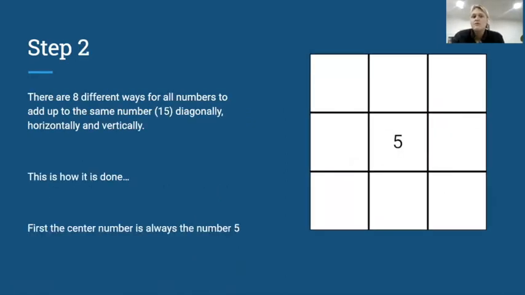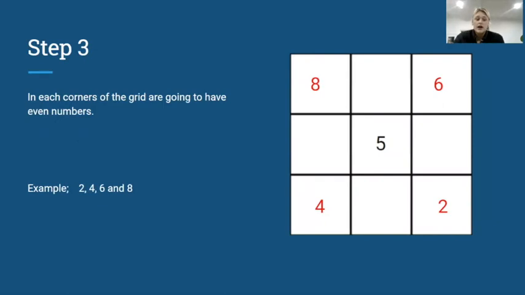There are 8 different ways the numbers can be put into the magic square to equal 15. This is done by putting a 5 in the center. The second step is with your even numbers, you put in each corner.